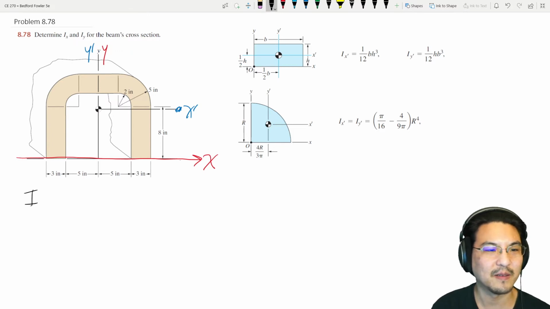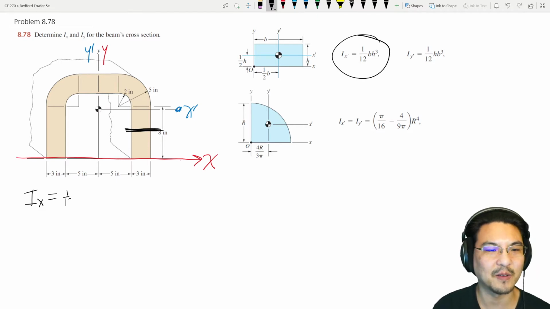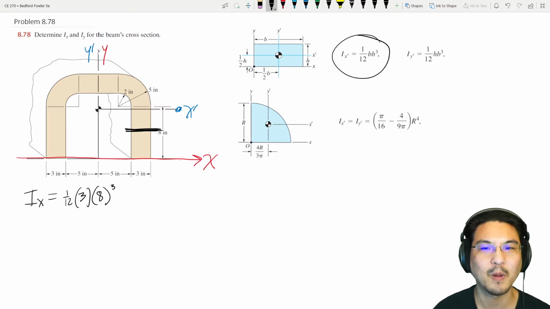Okay, so Ix about this one is, for this rectangle about over here, just 1/12 base height cubed. So for this rectangle, base is 3 inches, height 8. These are all inches. But I need to get it from here to here, so I have to use the parallel axis theorem, plus extra.